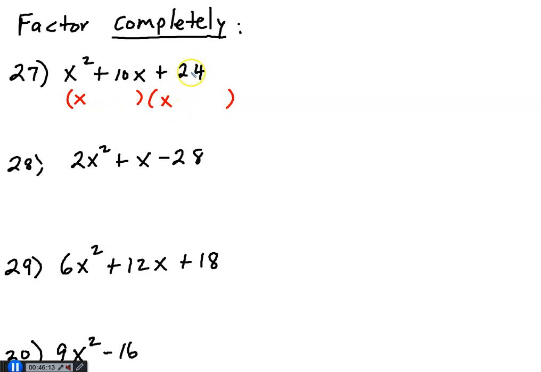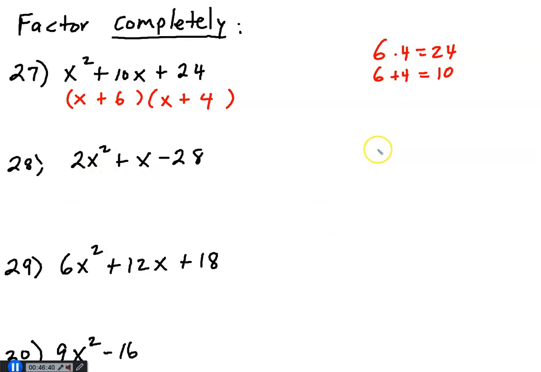I need the factors of 24 that add up to 10 in this case. And the factors of 24 that add up to 10 are 6 and 4. Notice how multiplied gives you the last number, added gives you the middle number, and so that tells you what the factoring should be. And you could use FOIL to check it out.